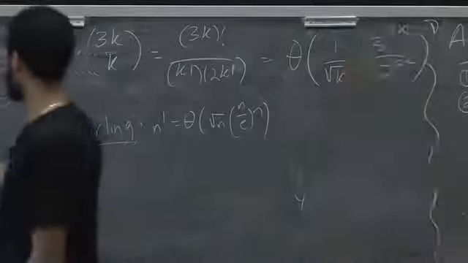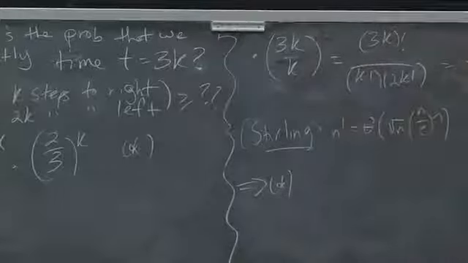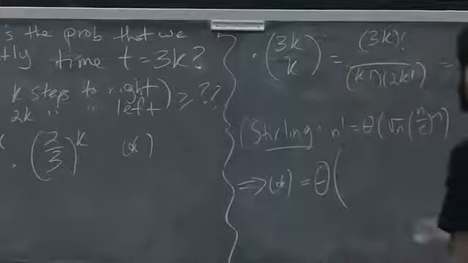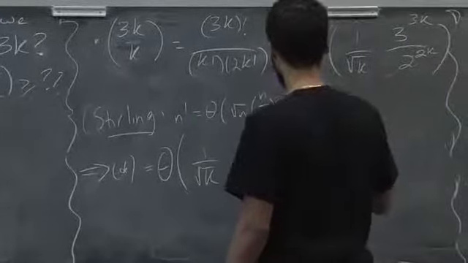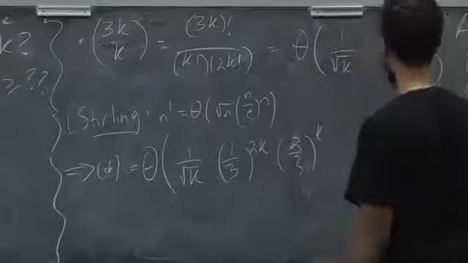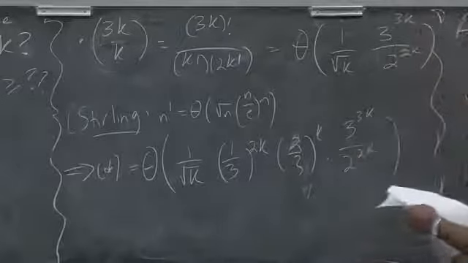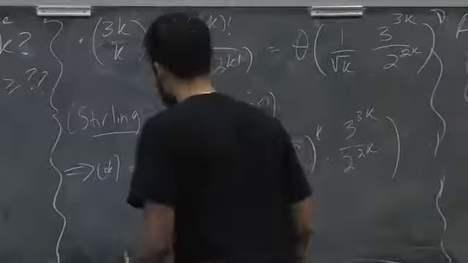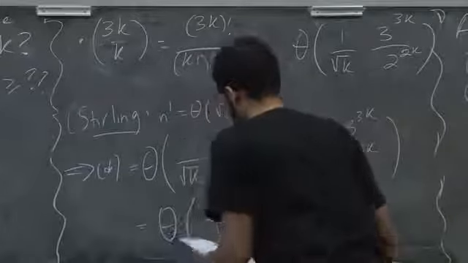So let's call this star. That implies that star is theta of 1 over root k, times (1/3) to the k, (2/3) to the 2k, times 3 to the 3k over 2 to the 2k, which, if I didn't mess up in my preparation, should be 1 over root k times 1 over 2 to the k.